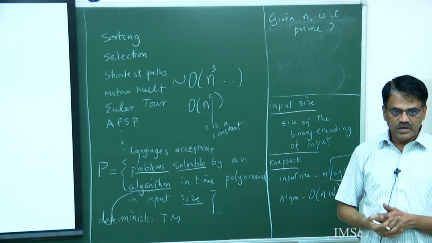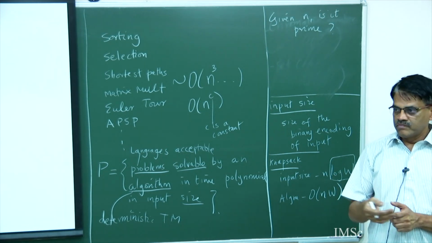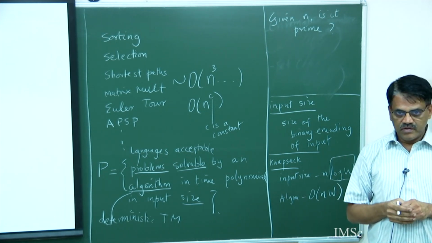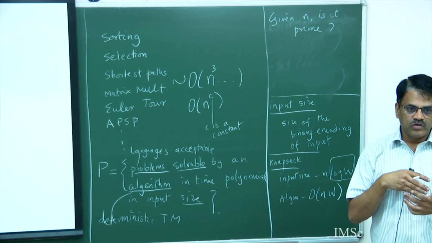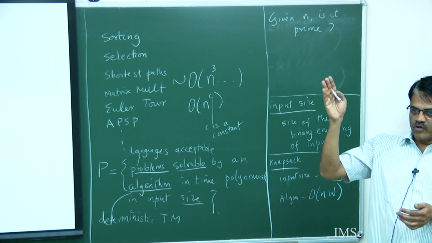So, naive algorithm would be checking for divisors of n, right, starting from 2 up to how far you want to go.